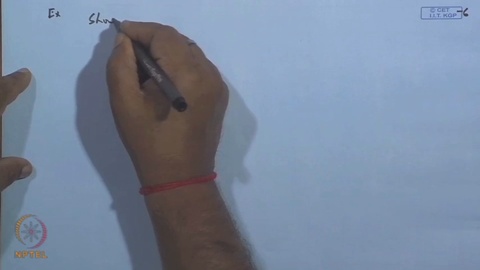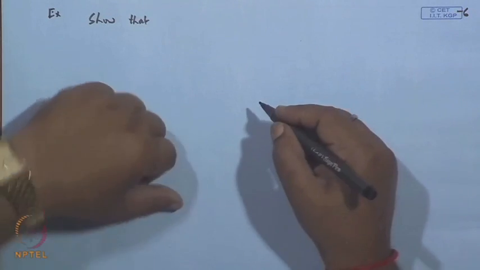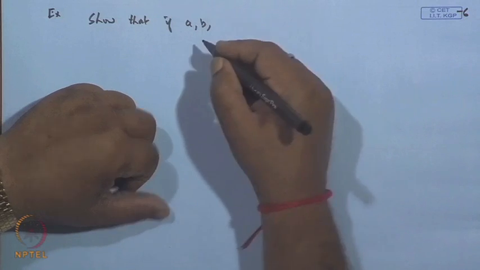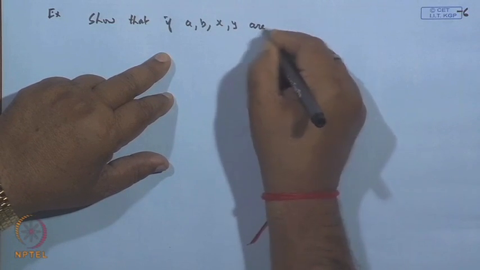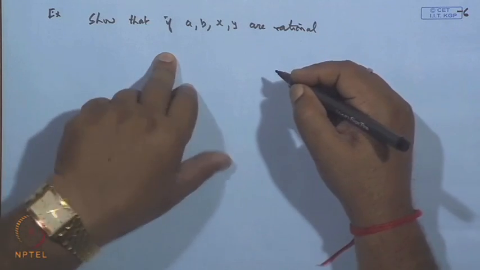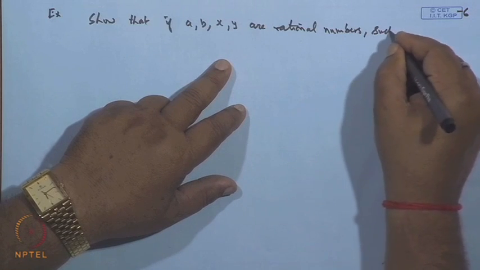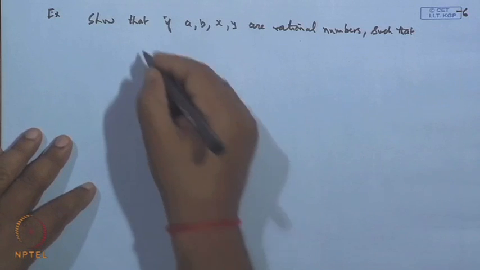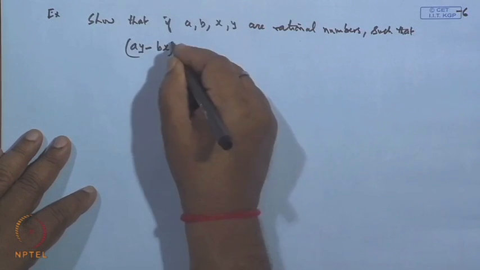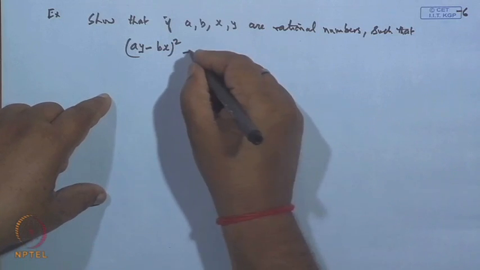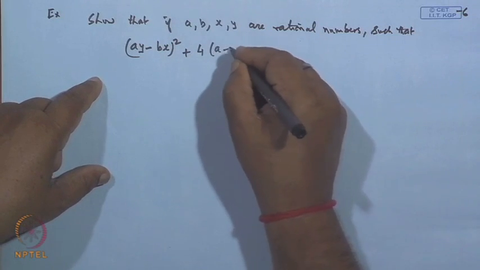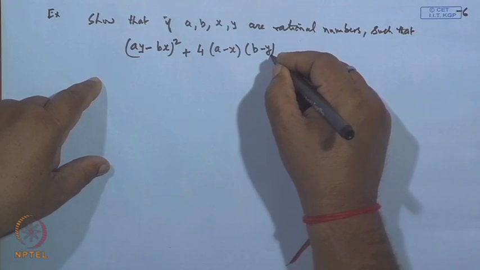Suppose a, b, x, y are rational numbers such that (ay minus bx) whole square plus 4(a minus x)(b minus y) is 0.